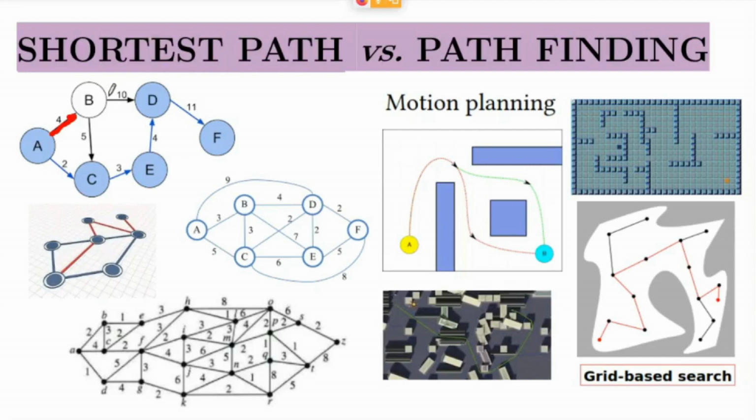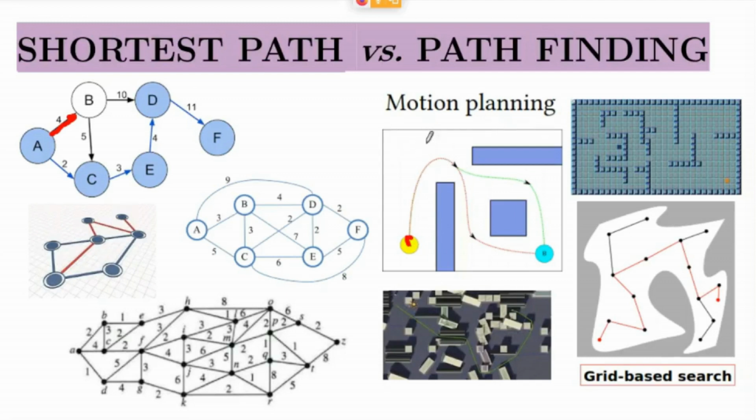But on the other hand, we have the pathfinding algorithms. Here, in the pathfinding algorithms, you have the origin, the start node, and here you have the target, right? But you don't have the edges.